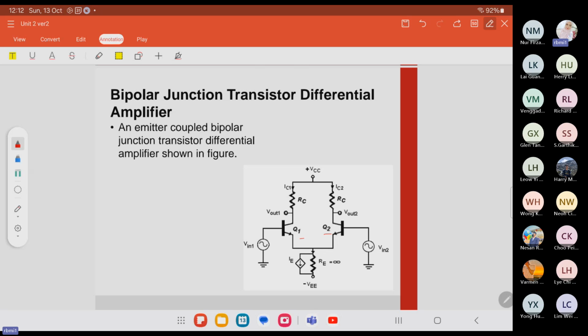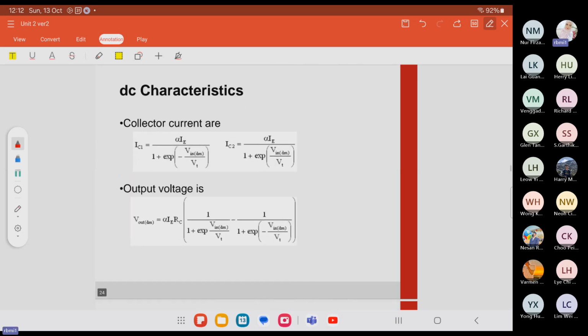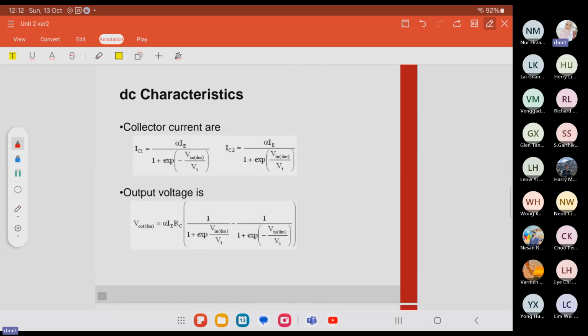So we can say that for this one we have IE at this part, which is actually IE1 plus IE2. If it is identical, then it is equal to 2IE, IE at this bottom here. Okay, and this is for the DC analysis.